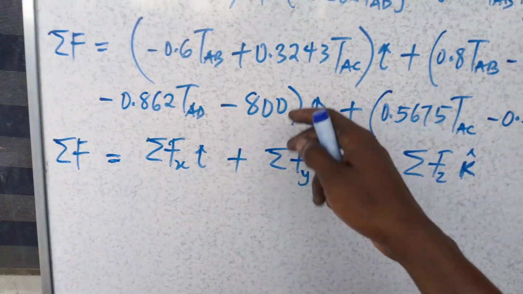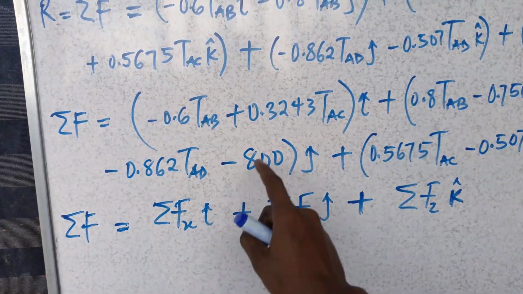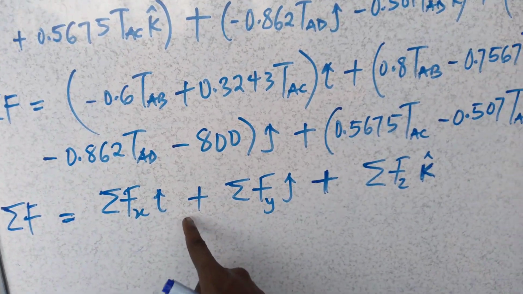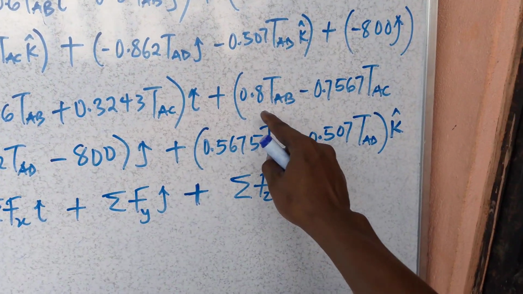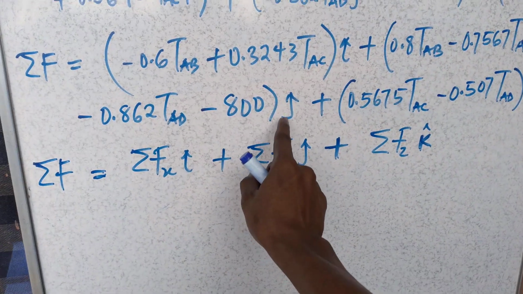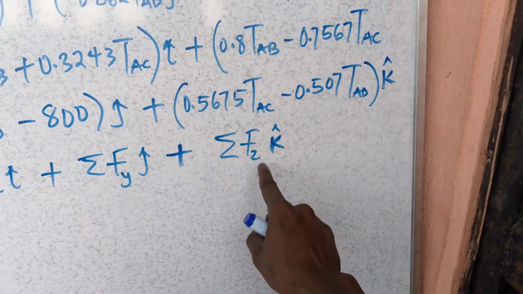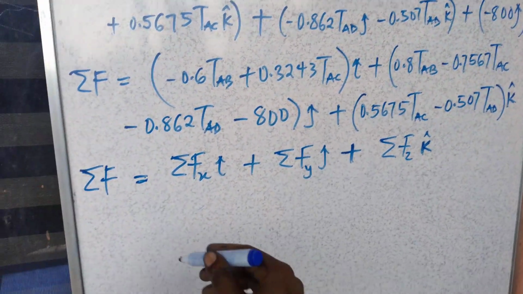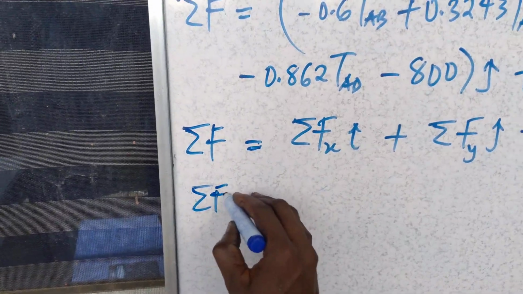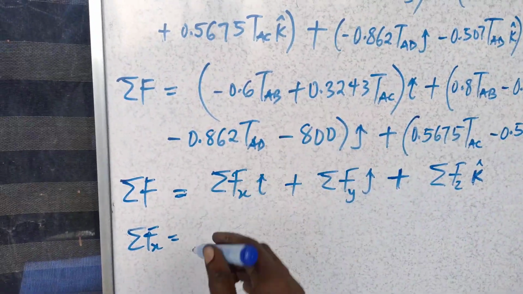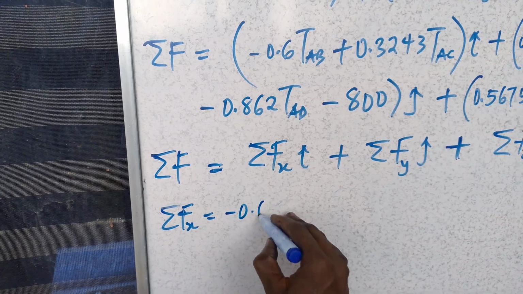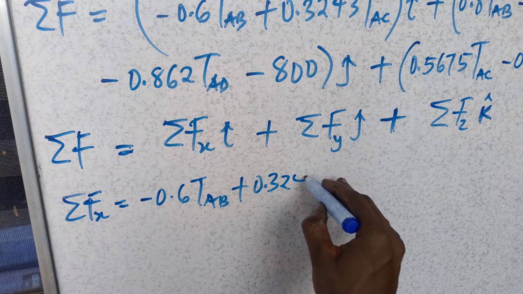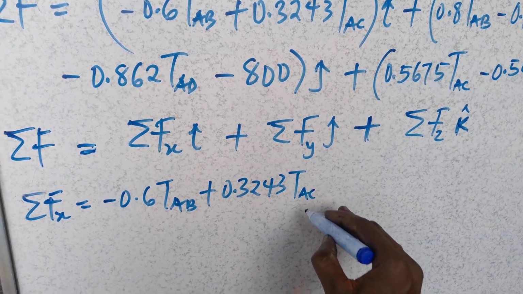If I separate all of them, sigma Fx is the whole of the I part, sigma Fy is the whole of the J part, and sigma Fz is the whole of the K part. By comparing the coefficients, sigma Fx will be equal to minus 0.6 TAB plus 0.3243 TAC.